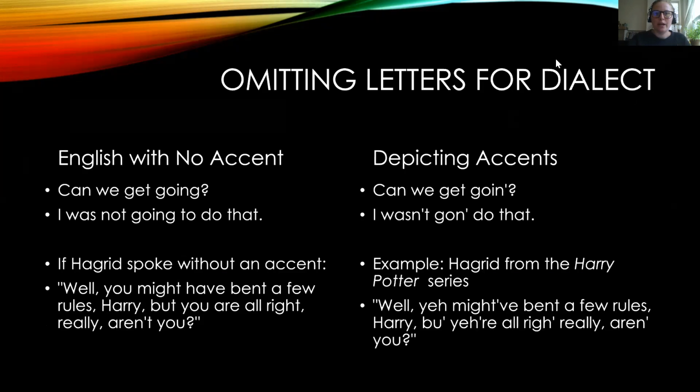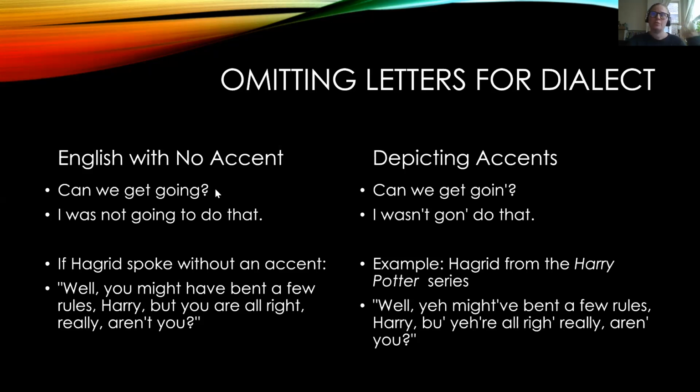Okay. So the other time you use an apostrophe to omit a letter, so we just talked about how you use an apostrophe to omit letters for contractions, but you also do it to capture dialect or a way of speaking. So if you're writing in English and you're wanting to show no accent, so academic writing, we usually try to go with no accent markers. Let's say we say, can we get going? Right?